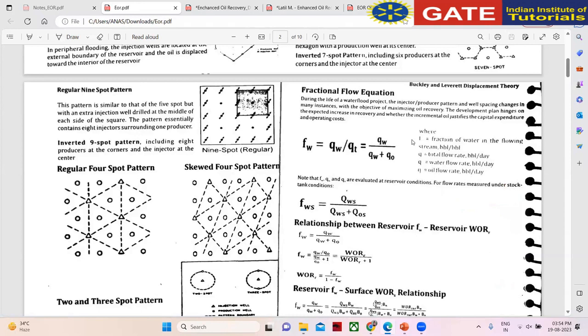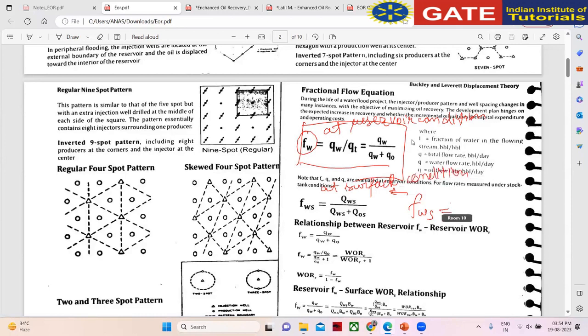To convert this equation to surface condition: FW is at reservoir condition, and FW is at surface condition, so all the values of flow rate will be in surface condition.